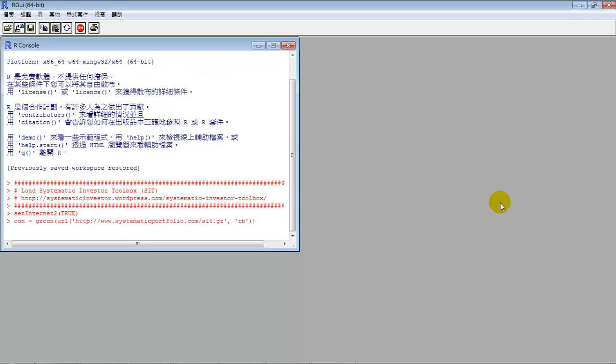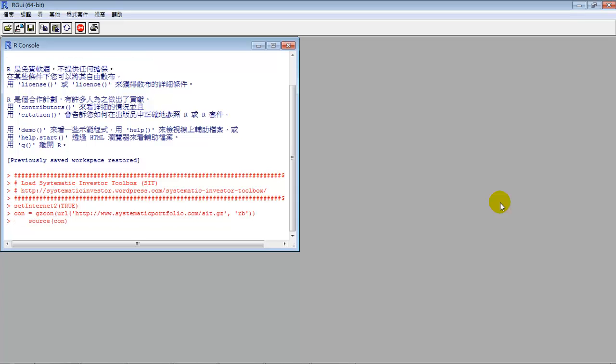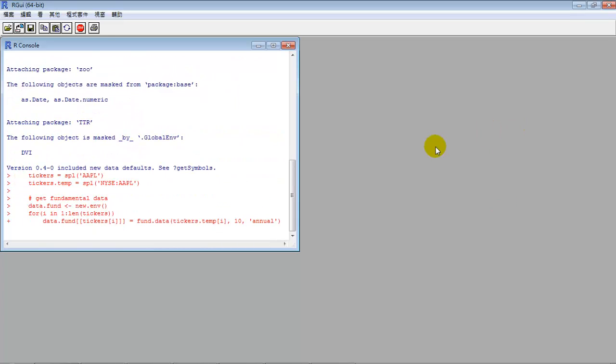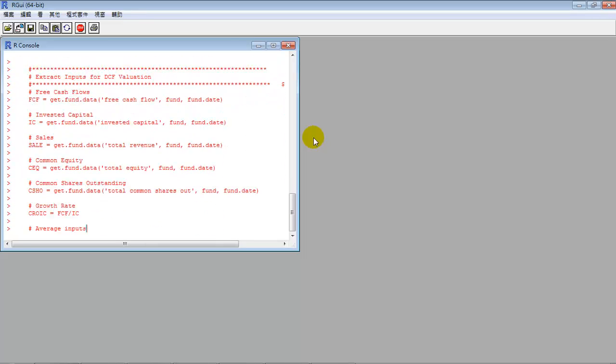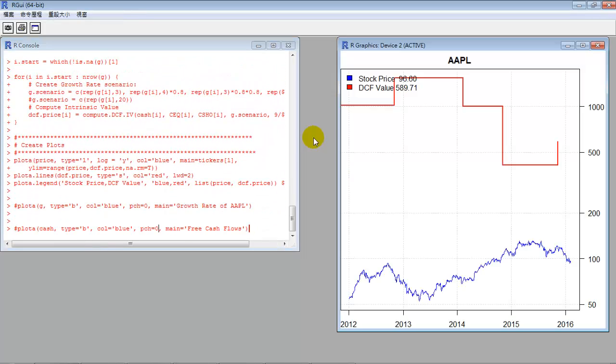For example, $1 now is worth more than $1 in the future. So you've got to discount the future cash flow, and by doing so, you get a certain valuation, and you can compare that valuation of the stock to the actual stock price and see if it's lower or higher.